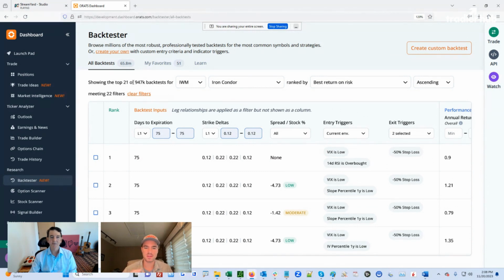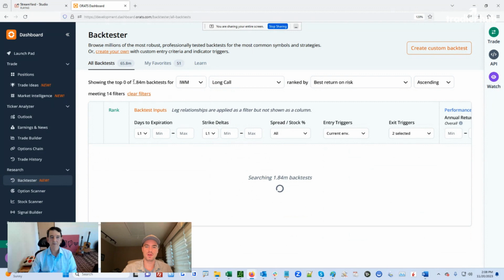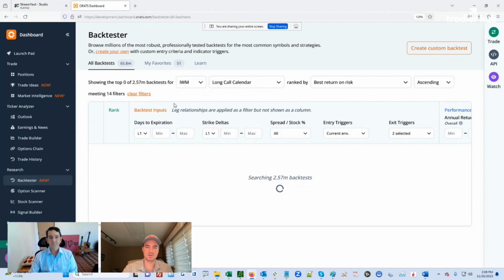And we've stored all of these backtests in a database that, using this interface, you can filter through and search and rank them and do all these powerful things on backtests really quickly. Instead of building them yourself, you can look through and find them in this table. Yeah. It's really powerful. Yeah, good point.